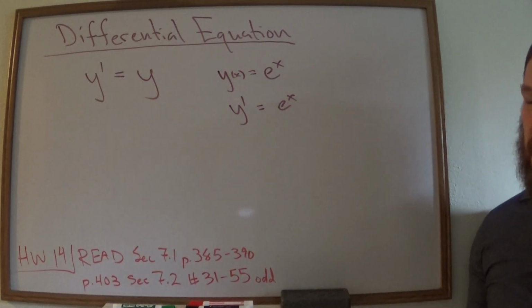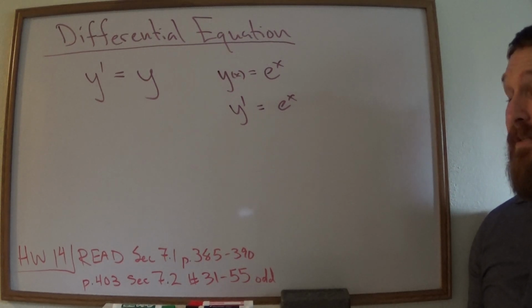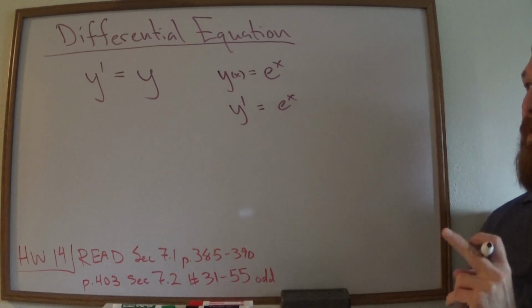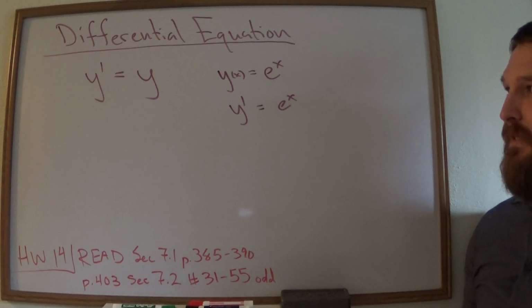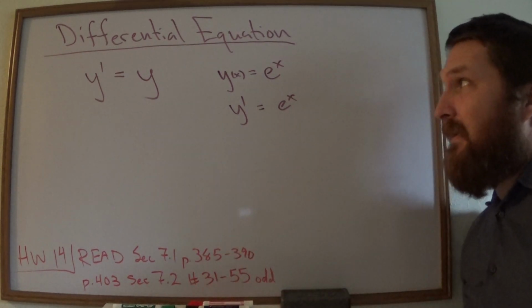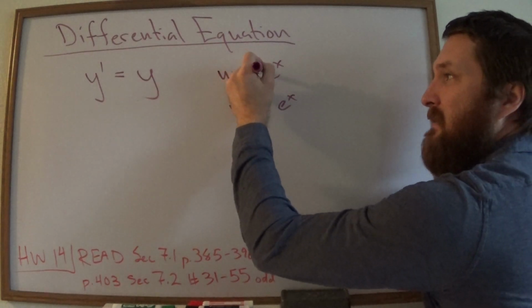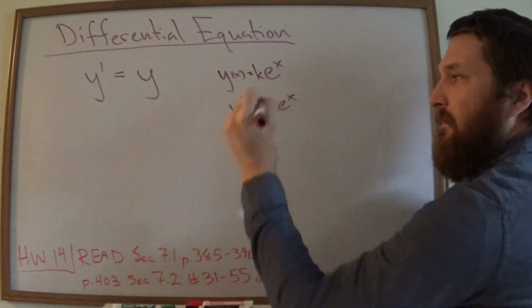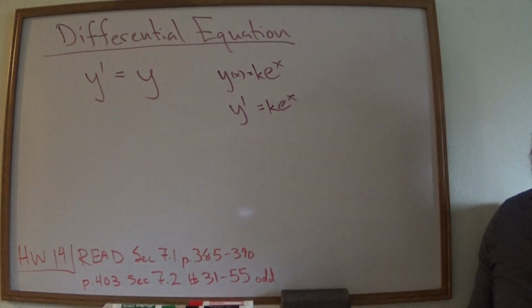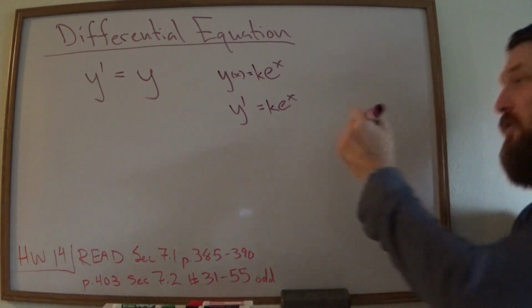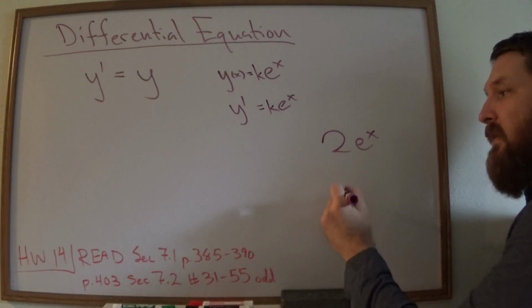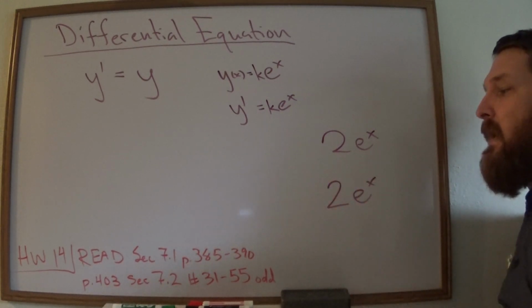We're not going to get into this. And like I said earlier, it turns out that this one function isn't unique here. In fact, infinitely many of these work. It works with any constant times e to the x. It's like we had 2 e to the x, we took the derivative of it, and we found, oh, it was 2 e to the x.